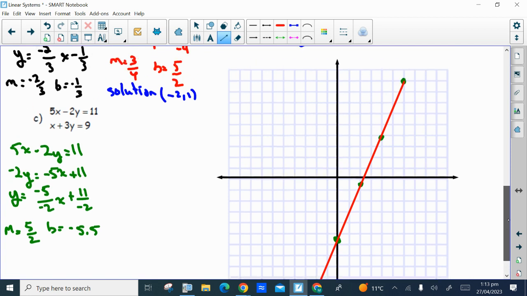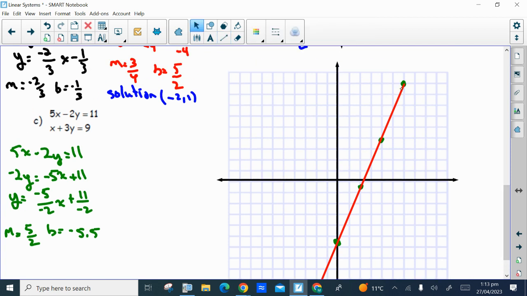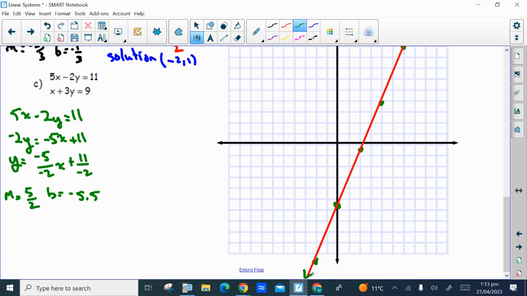Right, so there's our first graph. And again, we always put arrows on the end because the line continues forever in those directions.